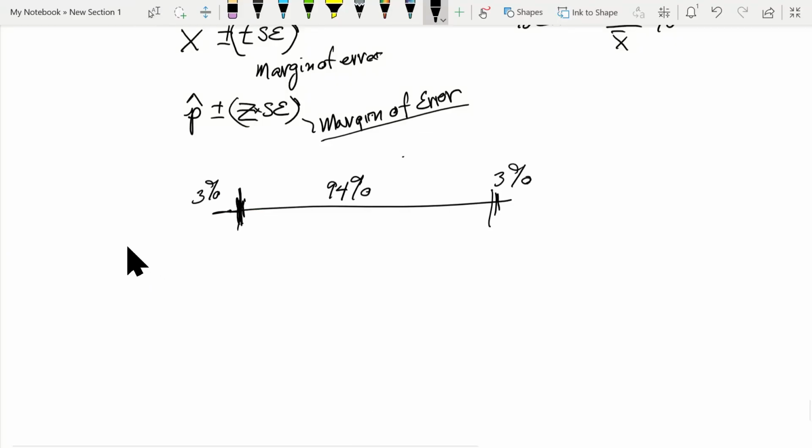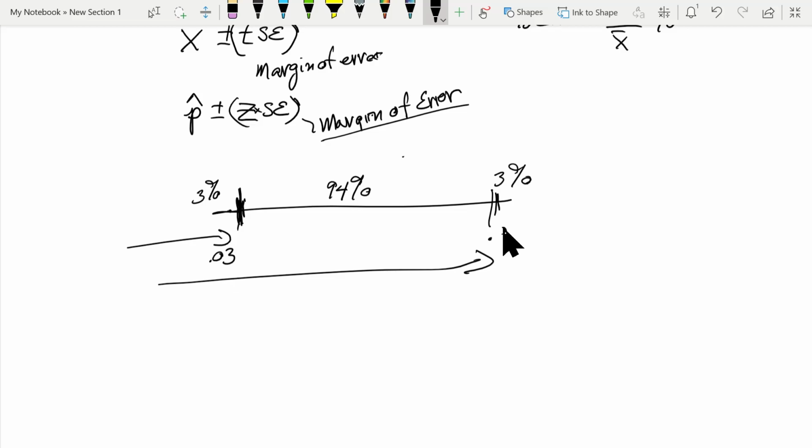These areas always come from the left. I can look up 0.03, which would be this one, or 0.97, which is the 0.03 plus the 0.94. The table and the computer always gives you the area from the left.